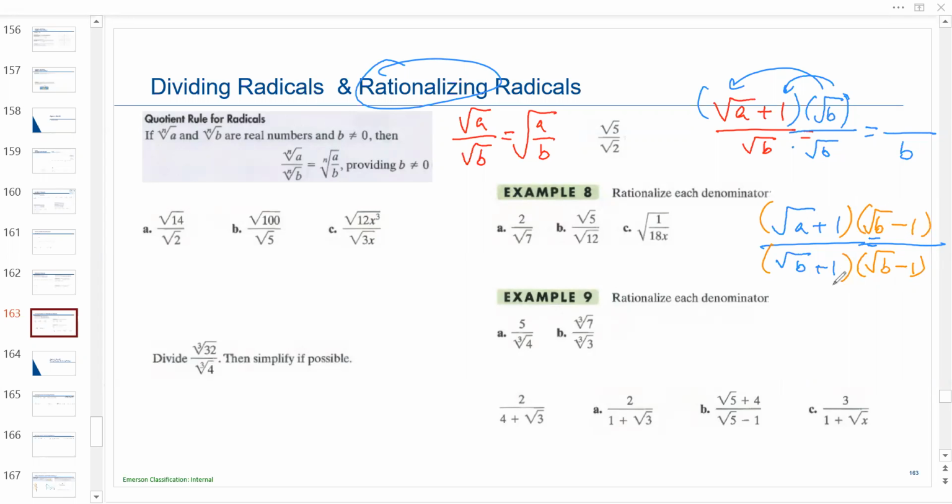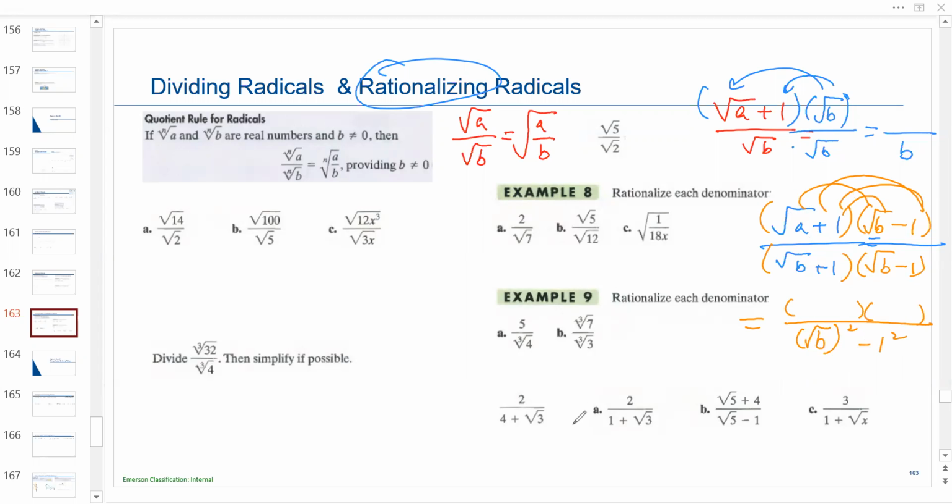This is the conjugate. So the denominator part becomes b minus 1 squared. So the square radical goes away, and the top part uses the FOIL method, right? So you can make it rationalized.